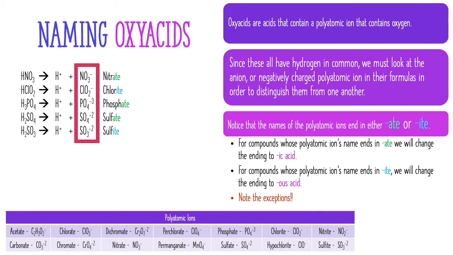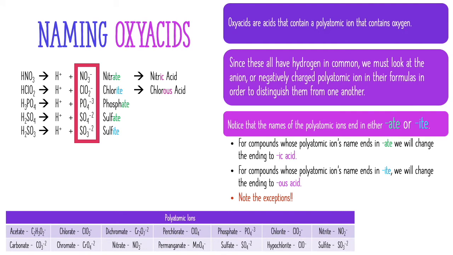Nitrate is going to become nitric acid. Then for polyatomic ions whose name ends in ITE, we're going to change the ending to OUS and add the word acid. So instead of this being chlorite, it's going to be chlorous acid.